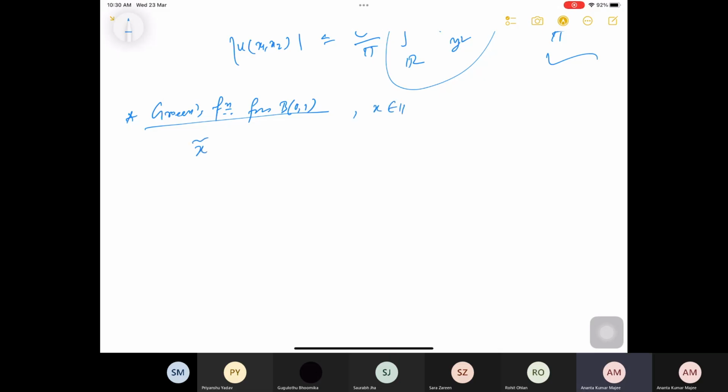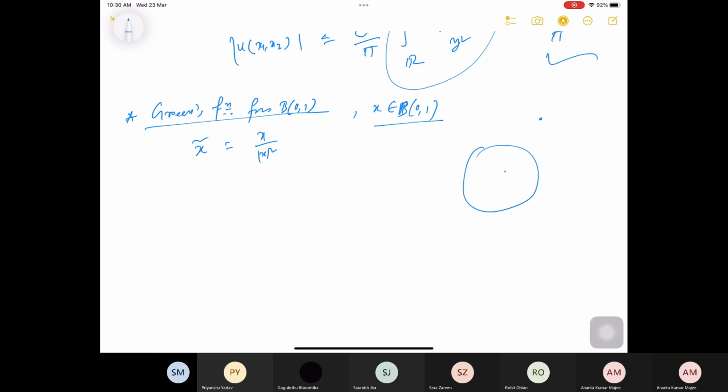So if you fix x in my ball of (0, 1), I define my x tilde, which is x by norm of x squared. So if this is my unit ball, then for any x, it may be some point here. It is outside the ball actually, because if you look at mod x tilde, this is 1 by mod x, which is greater than or equal to 1.